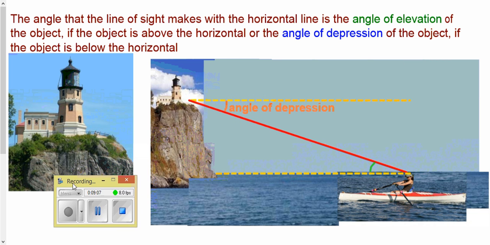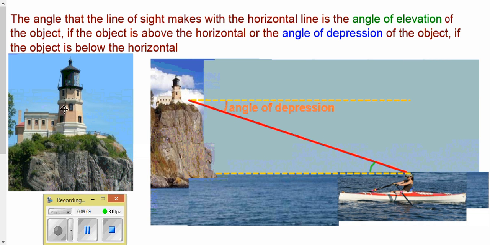A little bit of vocabulary here, and if you don't recognize this place, this is Split Rock Lighthouse from the North Shore of Lake Superior. Now, if you're up at the lighthouse and you're looking down at a kayaker, you're going to be looking down at an angle of depression. Angle of depression is how many degrees you're looking down from the horizontal going straight out from the lighthouse.